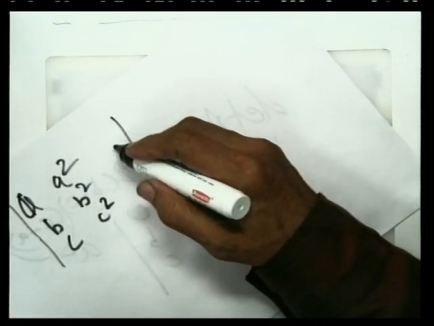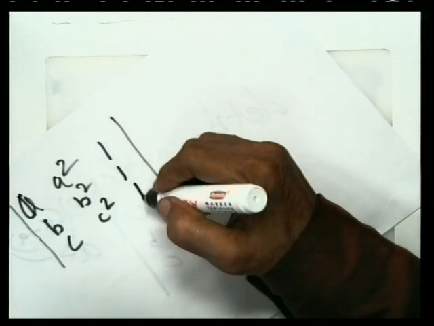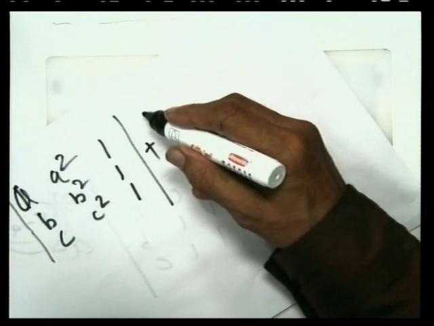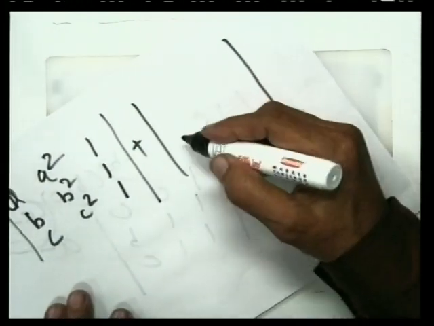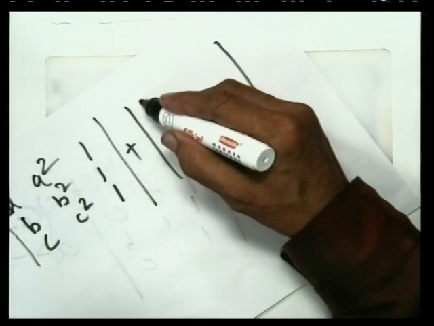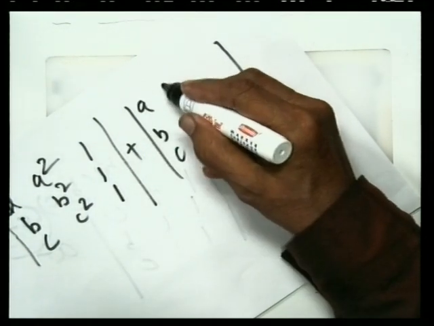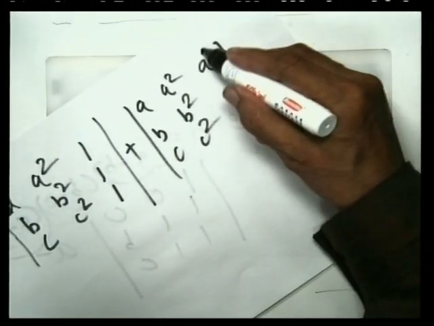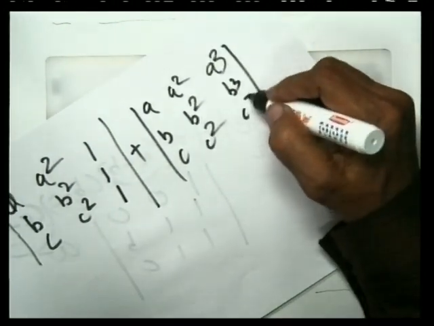Now we take only the first terms of the third column, so 1, 1, 1, and plus, using the properties of determinant, in the second we get a, b, c, a square, b square, c square, first two columns as they are, and third column a cube, b cube, c cube.